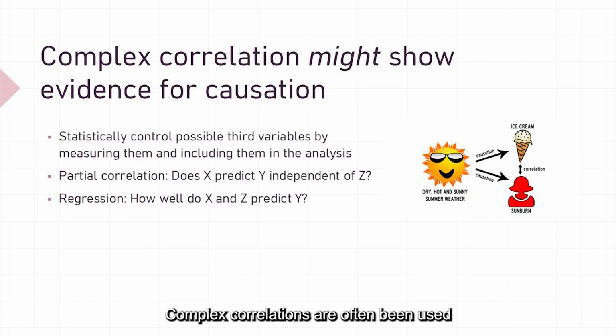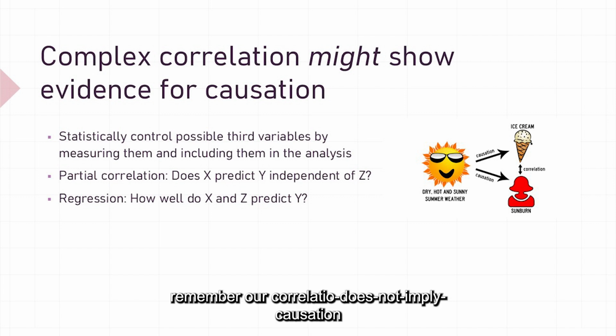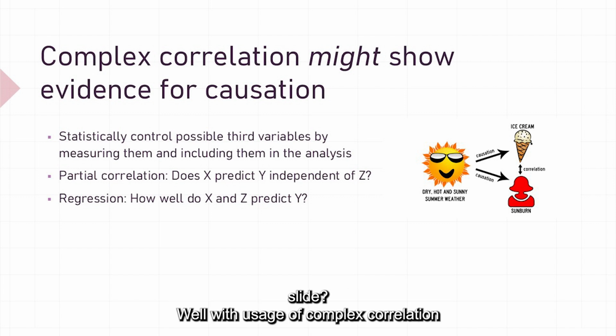Complex correlations are often used for the statistical control of a third variable. Do you remember our correlation does not imply causation slide? Well, with the use of complex correlation, we can rule out possible interpretations.